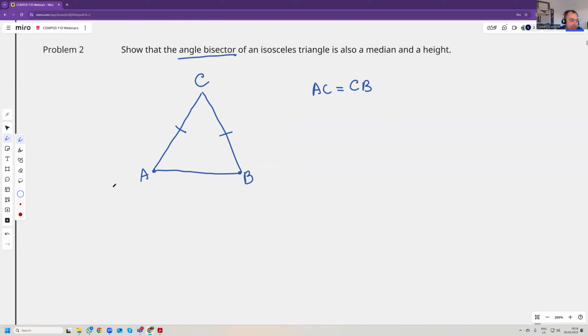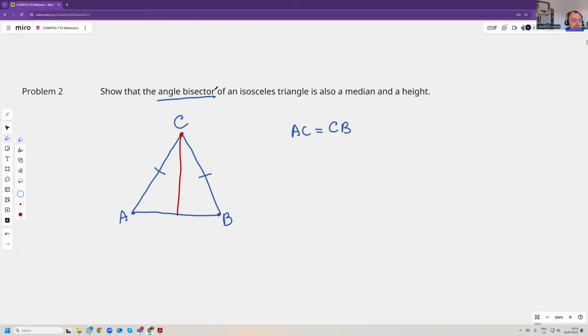Now the angle bisector, so we draw the angle bisector. We mean the angle bisector of the vertex opposite the base, the angle bisector of an isosceles triangle, which lies between the two equal sides.